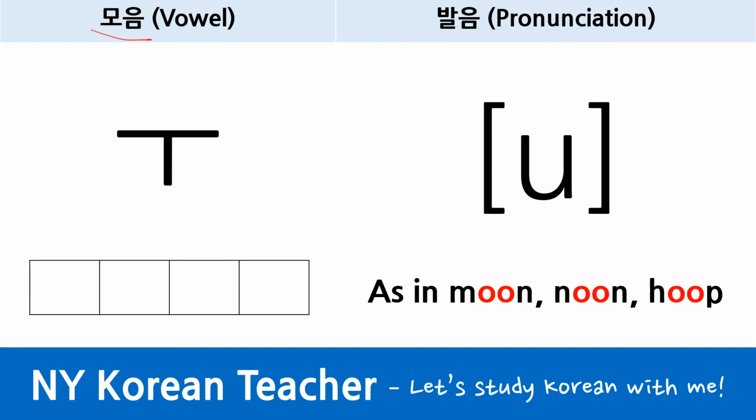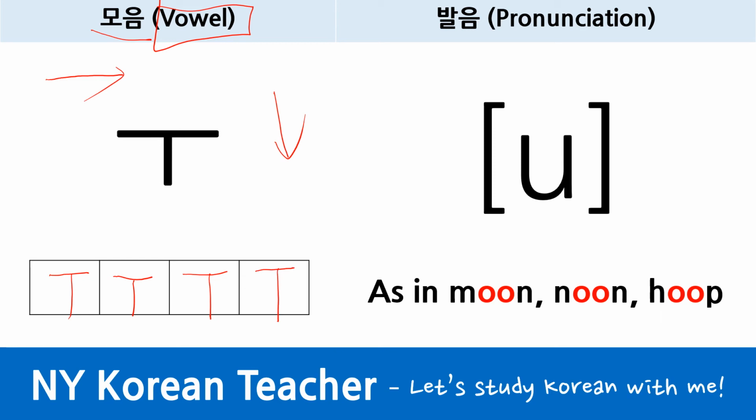모음, vowel, 우. You've got to start writing this letter from left to right, top to bottom, right? Okay, 우, 우, 우, 우.